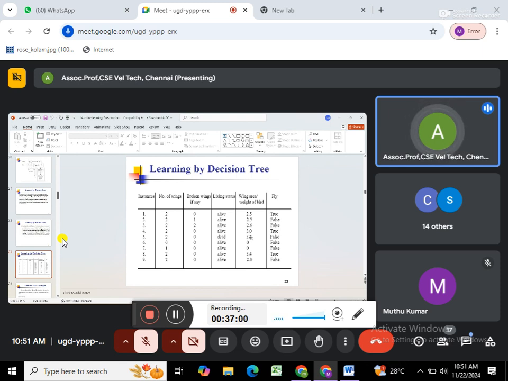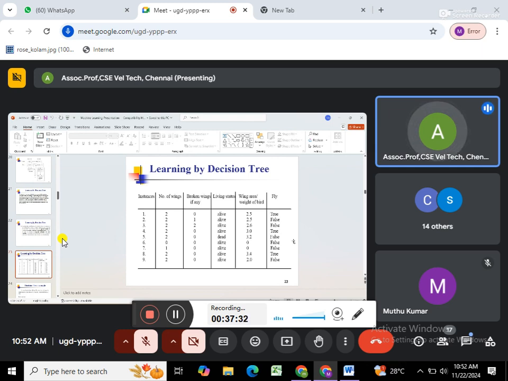And the fifth instance is a bird that is dead. Number of wings present is 2, broken wings 0. But the living status of the bird is dead. So living status also we have to take as a parameter. The bird wing area is 3.2, but even though it is 3.2, it is dead. As the living status is dead, the bird cannot fly. So we have to justify it as false. Sixth, number of wings 0, number of broken wings 0.